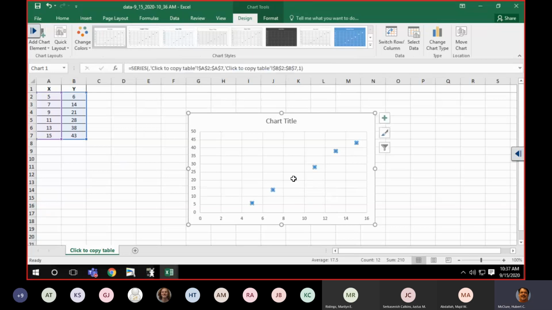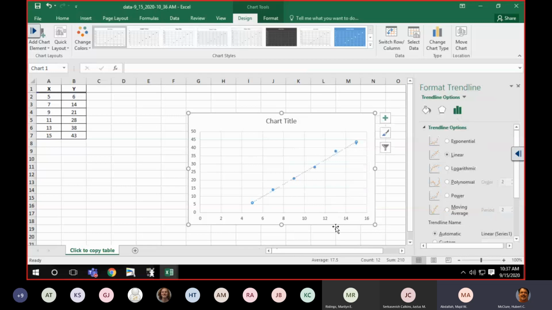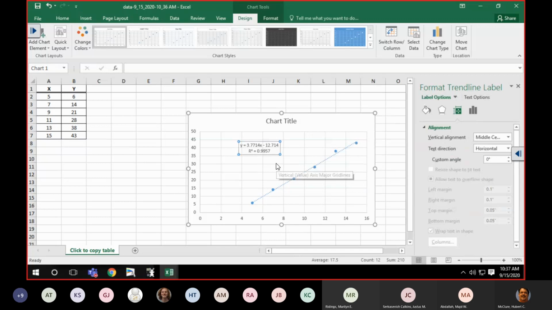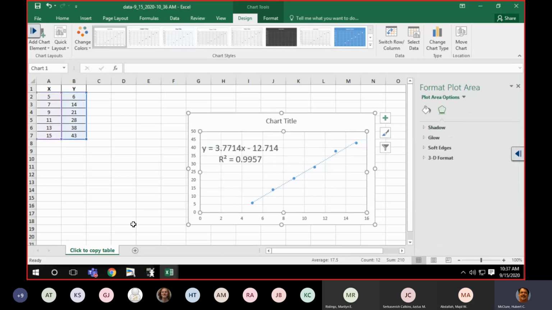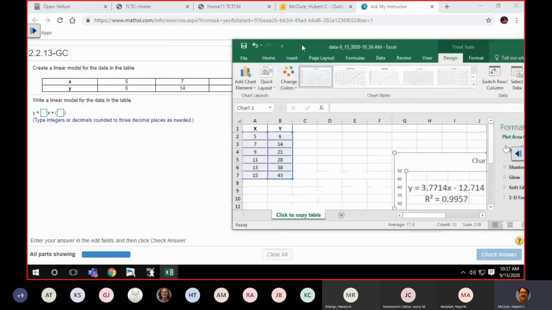Click on the dot, right click on the X, add trend line, display, move over, highlight, and make bigger. And there is your answer. So make that small. Go over here.